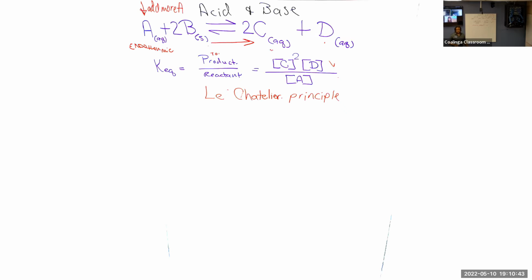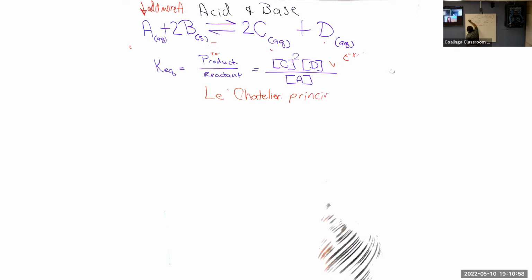That's correct. That was shifted towards the products, yes. And the reverse reaction. So it was exothermic. That means that we're adding heat here. That means that we'll be driving it in this direction.